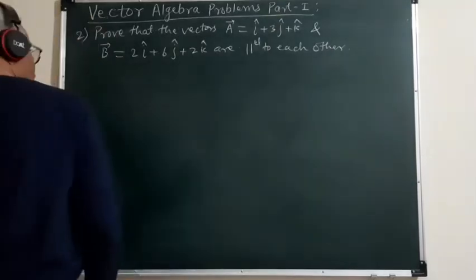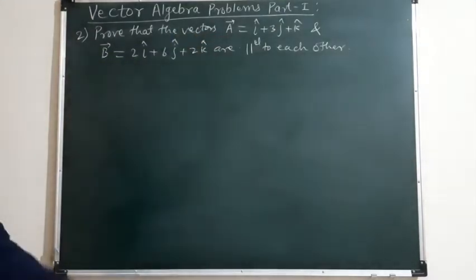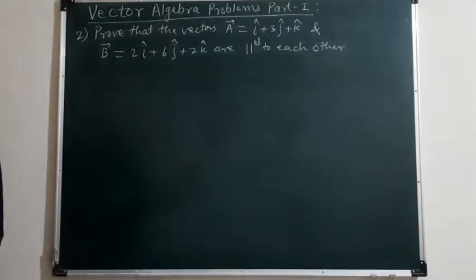We are asked to show that these two vectors A bar and B bar are parallel to each other.